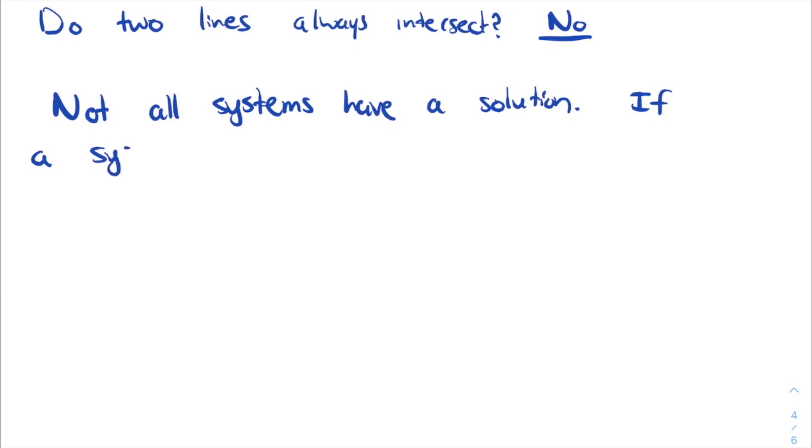If a system has no solutions, it has a special name. We call it inconsistent.